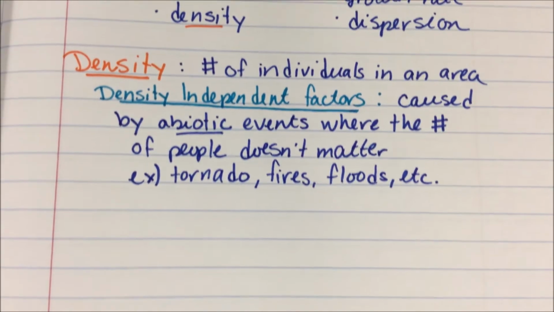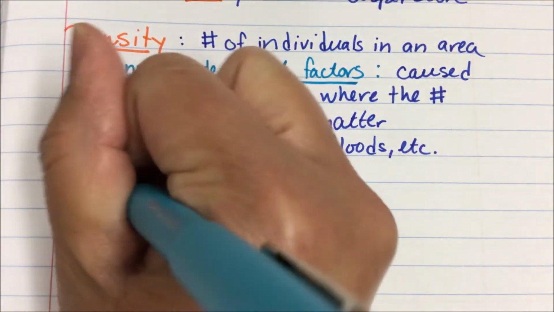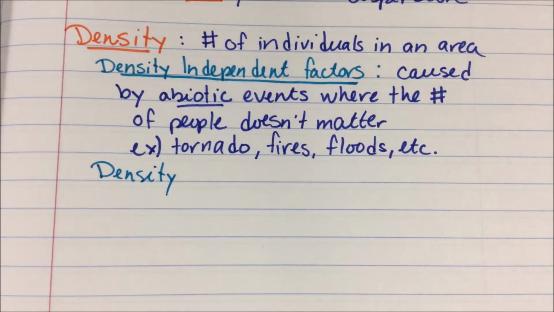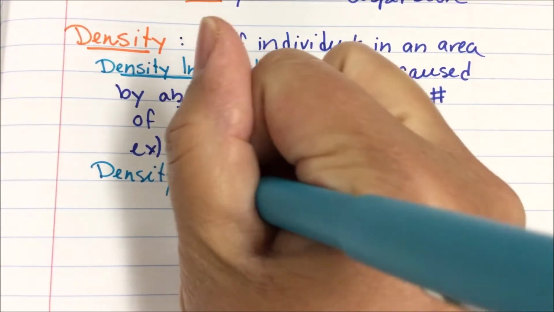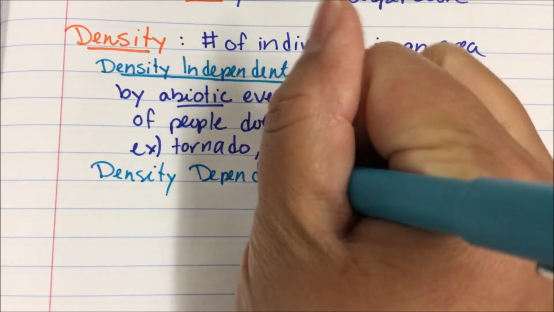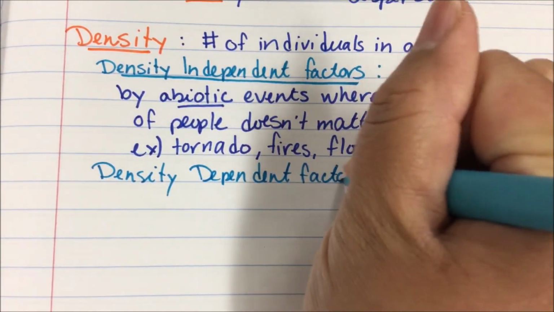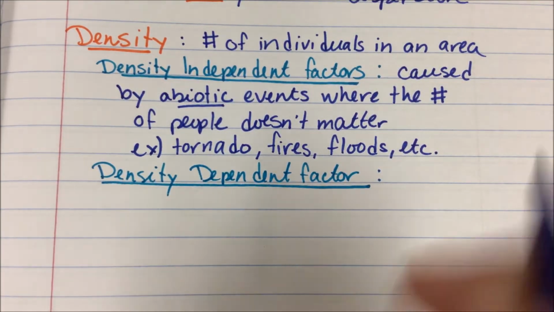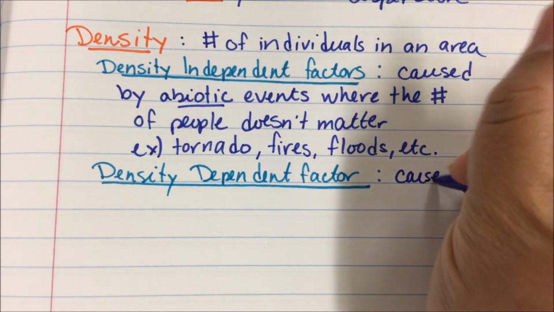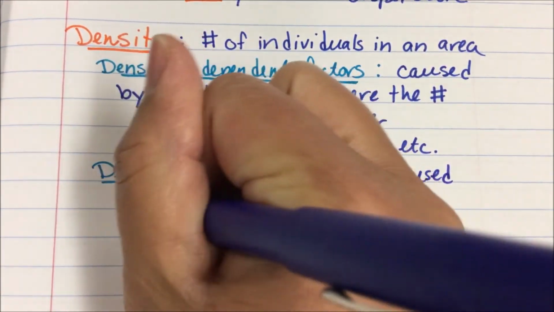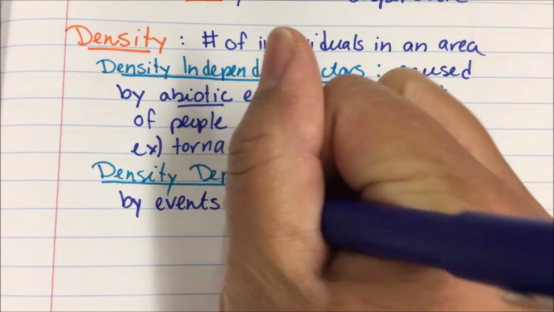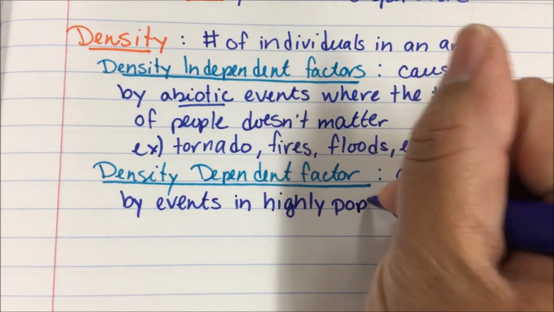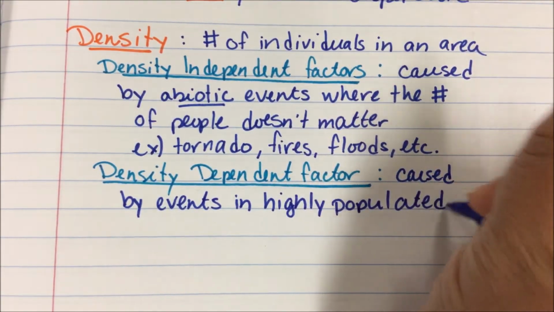The opposite of that is going to be a density dependent factor. A density dependent factor is caused by events in highly populated areas.